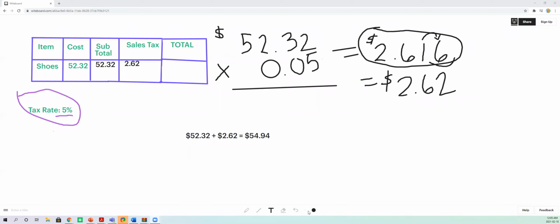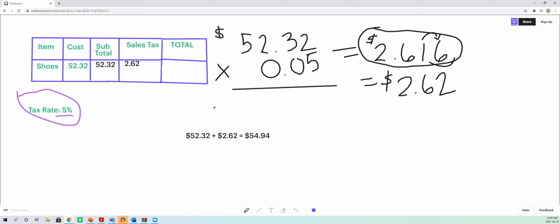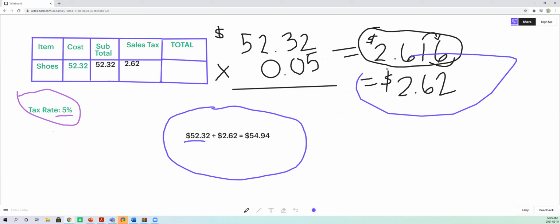Okay, so we're back again. I'm going to share my screen. So I've kind of outlined the equation right here just because I wanted it to be as neat as possible, and it's really hard, as I said, to draw with this mouse. So as the last part of this video said, we take the price of the shoes and we add the tax we calculated here, and our grand total is $54.94 for these pair of shoes.